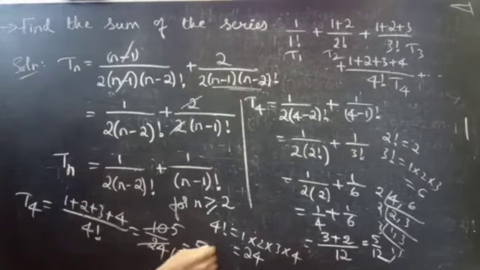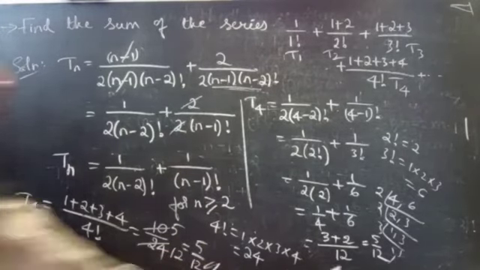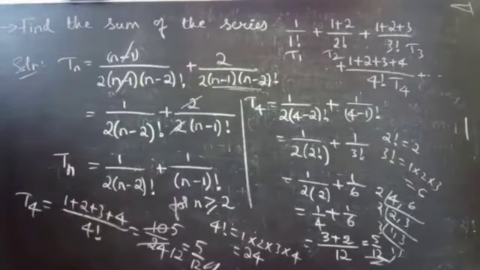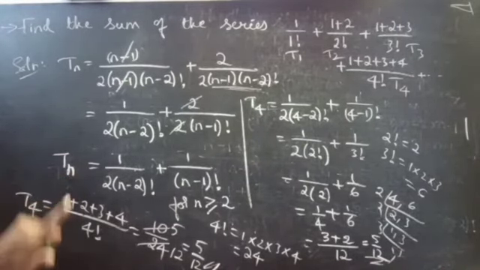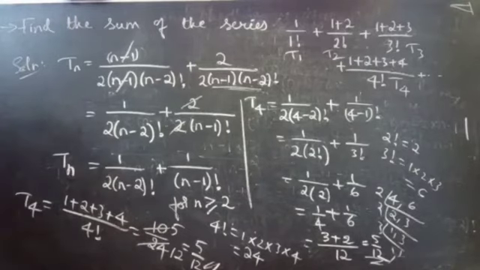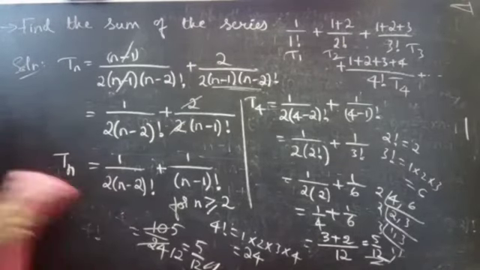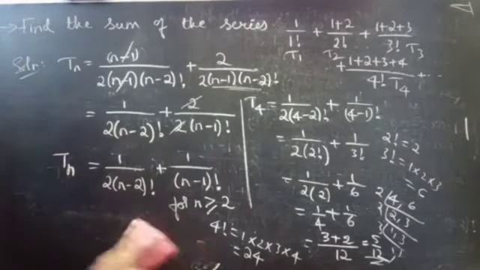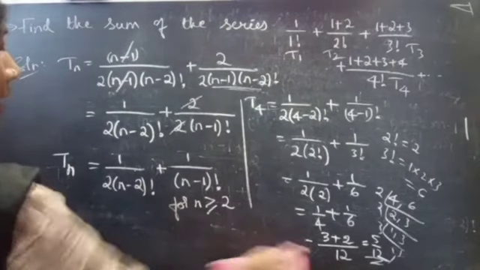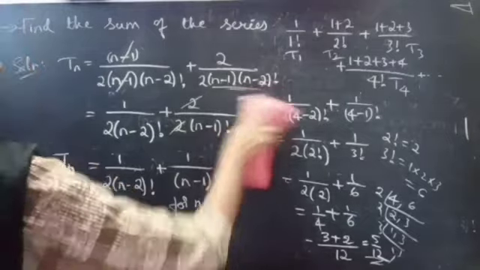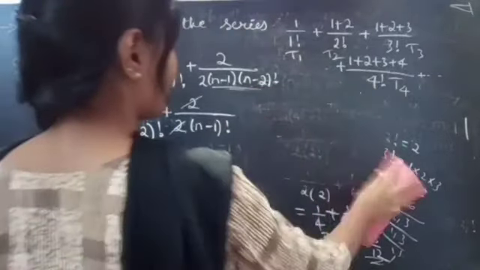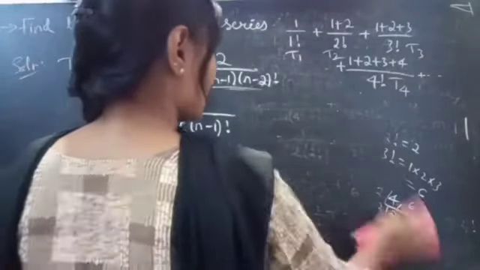So this equals 5 by 12. Same. So Tn is correct for n equals 4. Okay. Likewise, it will be correct for n greater than or equal to 2. We can consider any number. Okay. For n greater than or equal to 2, Tn holds.